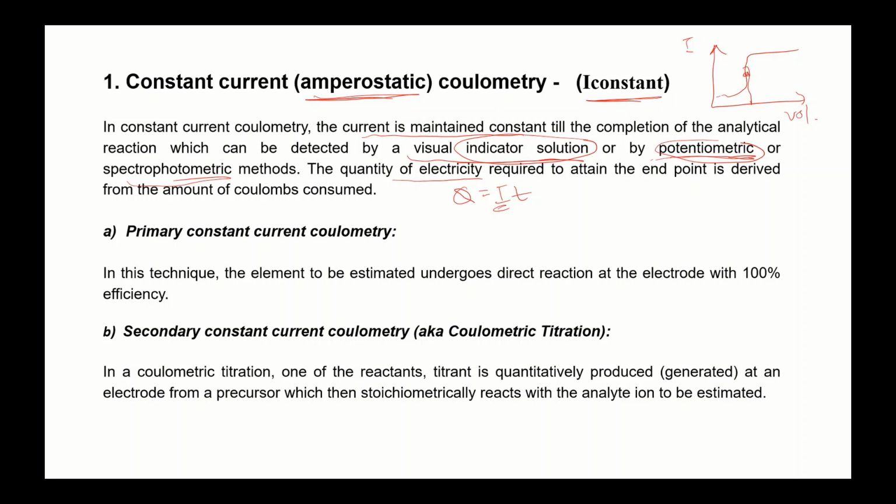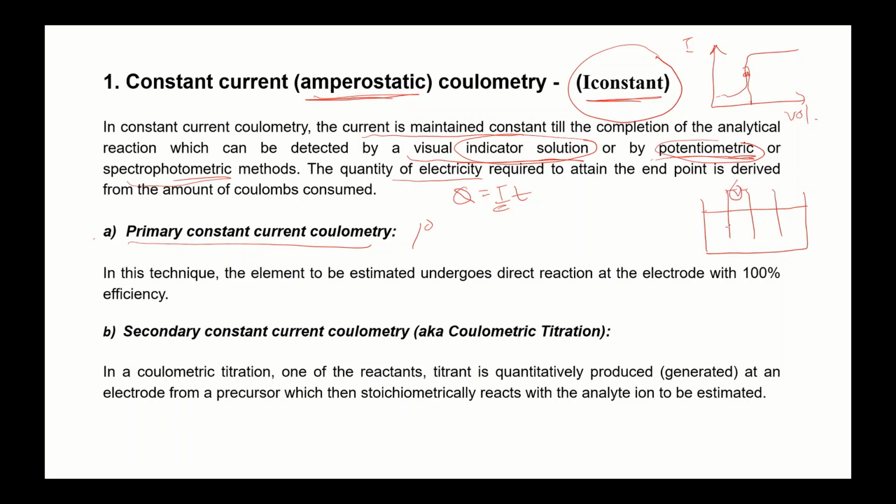Okay, so under constant current, there are two types. One we call primary constant current coulometry. In this technique, the element to be estimated undergoes direct reaction at the electrode with 100% efficiency. It means that if you have the analyte in the test solution, it employs a three electrode system.